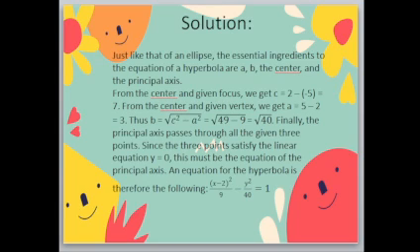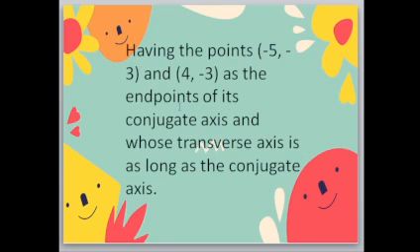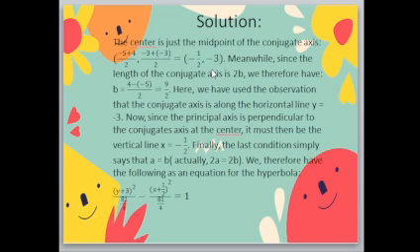Okay. So we have number 2, having the points negative 5, negative 3 and 4, negative 3 as the endpoints of its conjugate axis, and whose transverse axis is as long as the conjugate axis. So how will we solve this? For the solution, the center is just the midpoint of the conjugate axis.